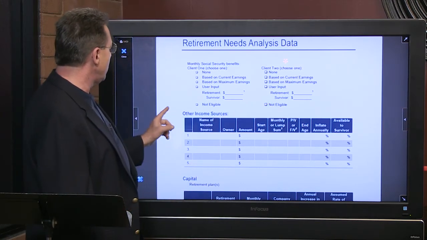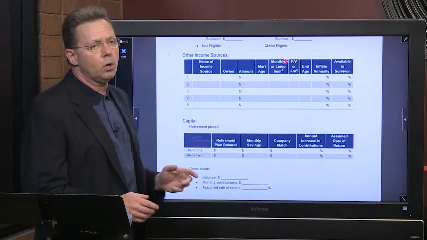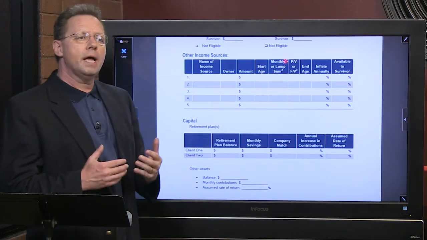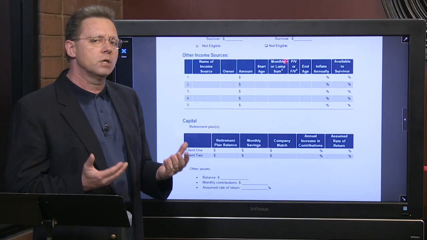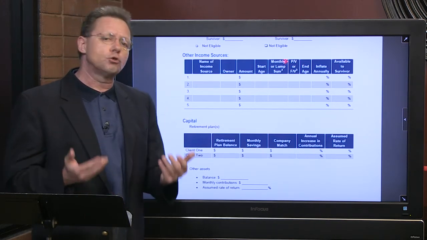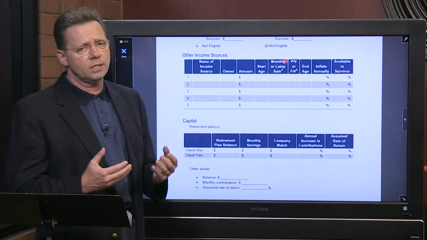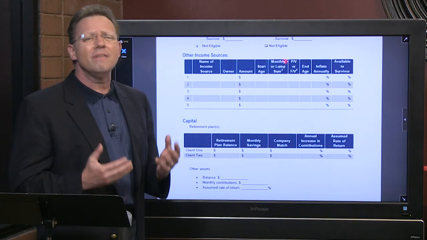And then I want to look at the list of other income sources. To me, this is really important because I don't know if a client, on my first contact experience with a client, whether I'm going to see all this or not. It just depends. Remember, we're building trust. And one of the things to have good ownership experience when you're talking about policies is to really write a letter of engagement.